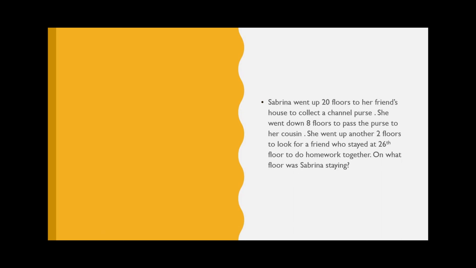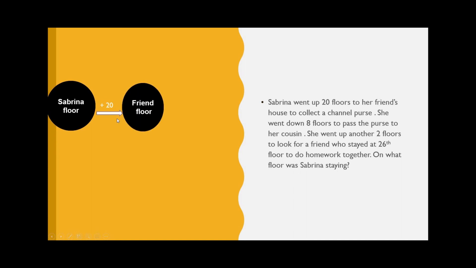The final answer is 26, right? So Sabrina started from her apartment. She went up 20 floors to her friend's house, and then she went down 8 to pass the purse to her cousin, and then she went up 2 to look for a friend who stayed at the 26th floor.